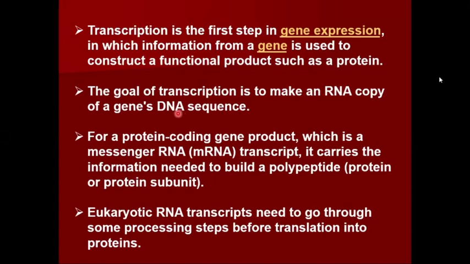The goal of transcription is to make an RNA copy of a gene's DNA sequence. The original genetic code is present in the DNA, but the DNA cannot be a direct template for the biosynthesis of a polypeptide or protein. As I explained to you last time, the flow of genetic information is one way, from DNA to RNA and then to protein molecules.